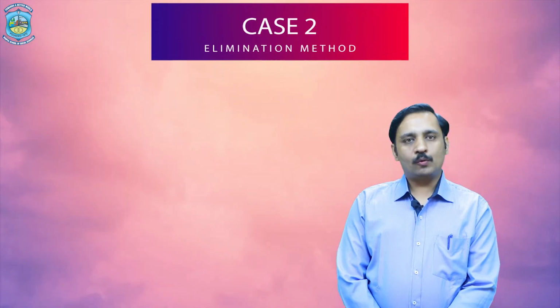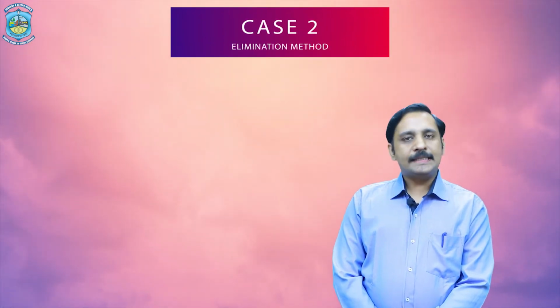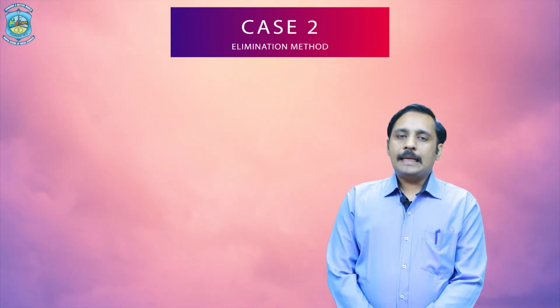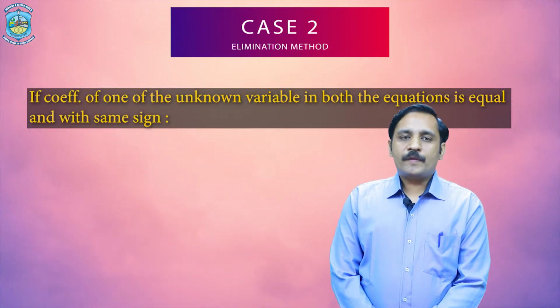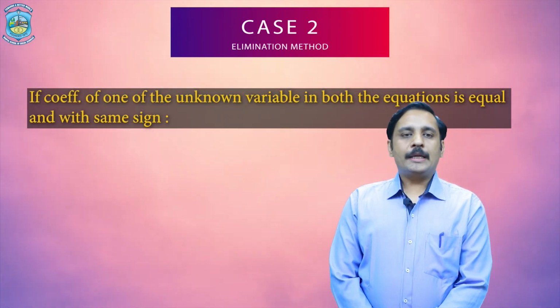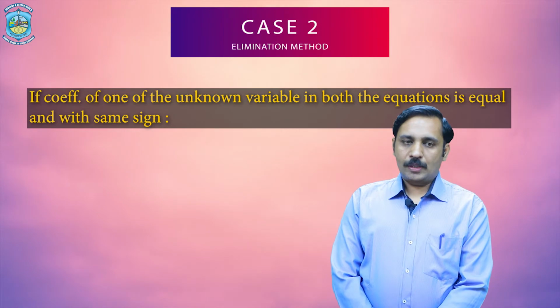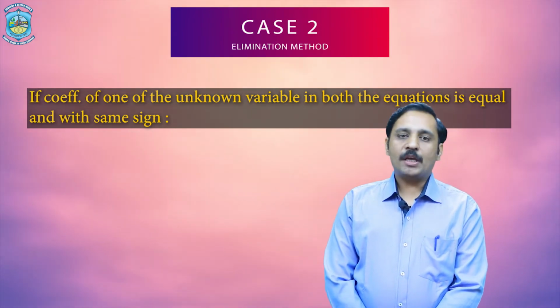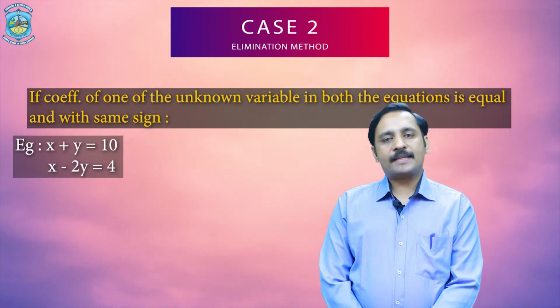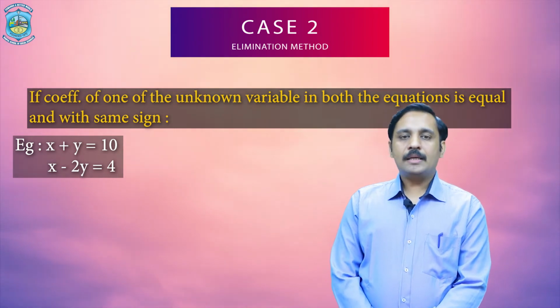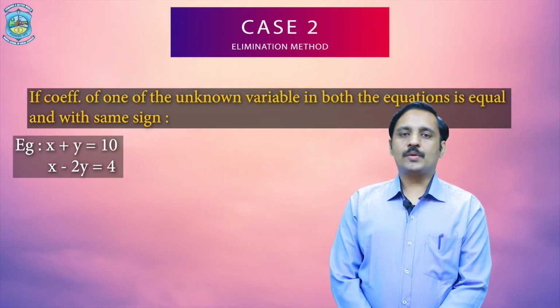Now case number 2 for the elimination method. In the second case, the coefficient of one unknown variable in both the equations is equal and with the same sign. If you look at the example, we have x plus y is equal to 10, x minus 2y is equal to 6.